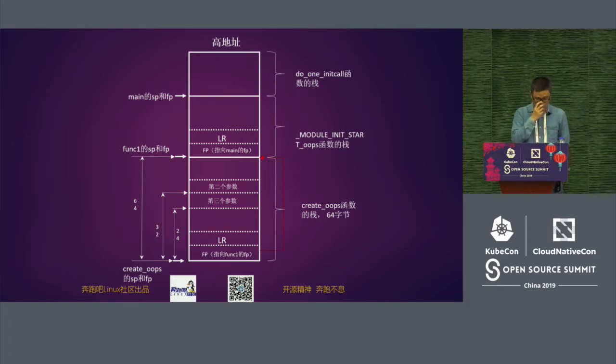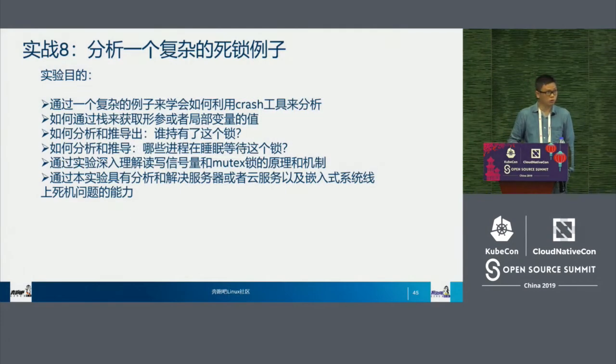And this is the ARM64 stack layout. So only 5 minutes, so time is limited. I will skip. And experiment 8 is pretty complicated.